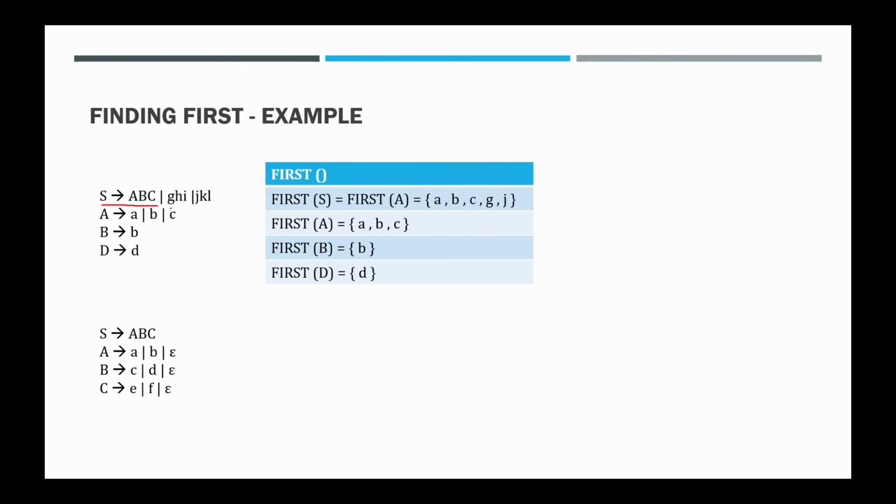So we need to include G and J also to the first of S. And here the first of B is B, first of D is D. So we found the first for all the non-terminal symbols.